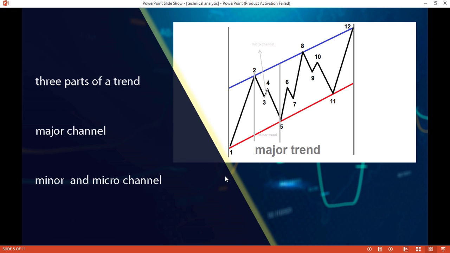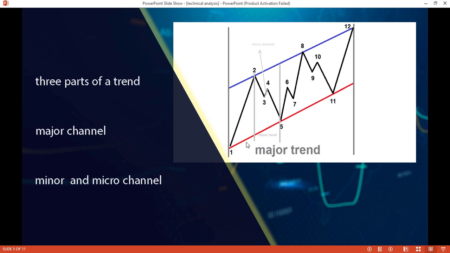Okay, let's go to our PowerPoint. We have described major movements from number 1 to number 12 and minor movements. In all of the markets, we have another thing that we call micro movements and micro channels.